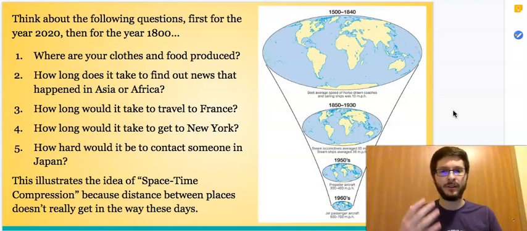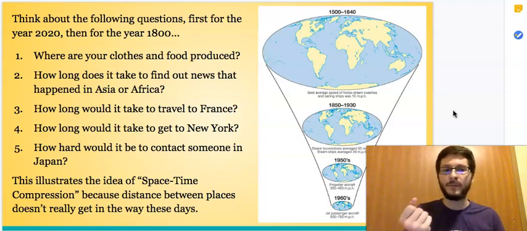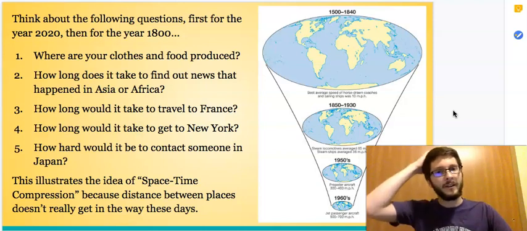Think about where your clothes are produced, where your food is produced, how long it takes for you to get information or news from across the world, right? If there was an earthquake that was catastrophic halfway across the world, we can find out about that on the internet through Facebook or Twitter in seconds, right?